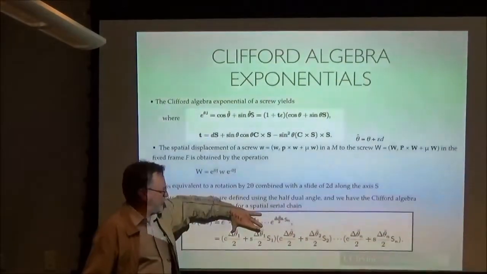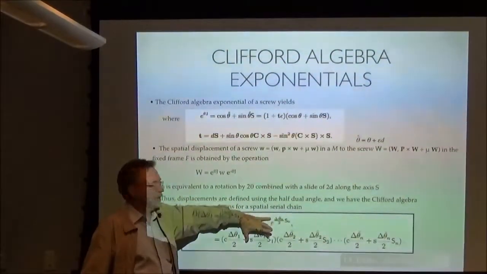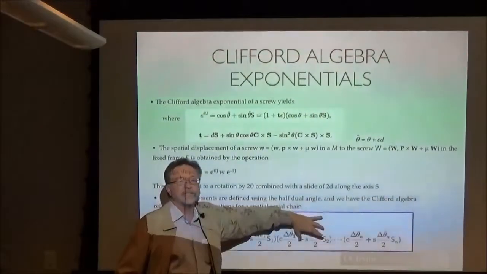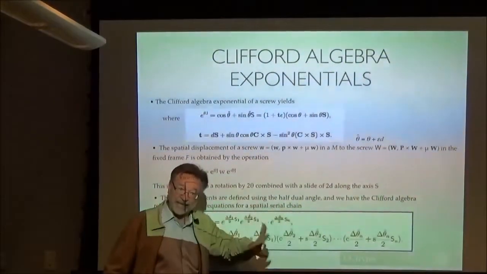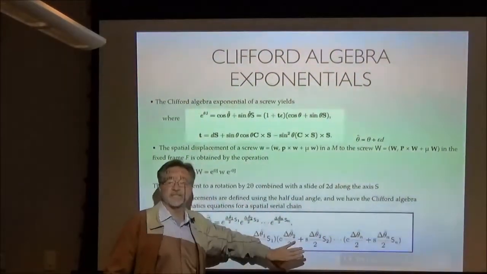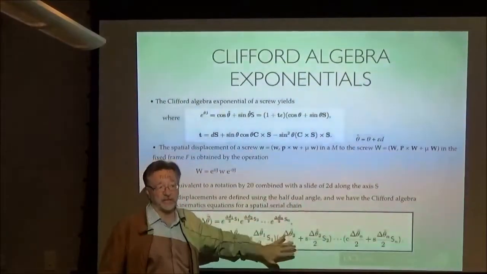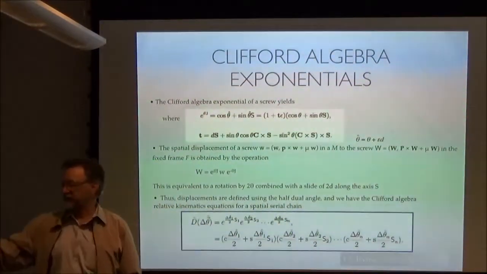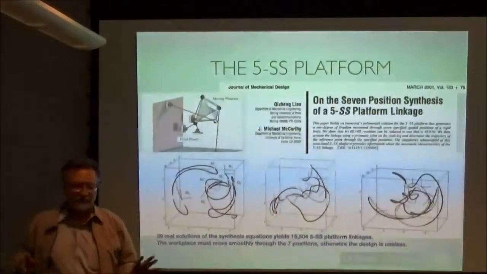So this is your e to the theta 1 s1. This is your e to the theta 2 s2. And what that tells you is that the dual quaternion is defined by relative transformations, not directly by the Denavit-Hartenberg formula. All right. We've done it.